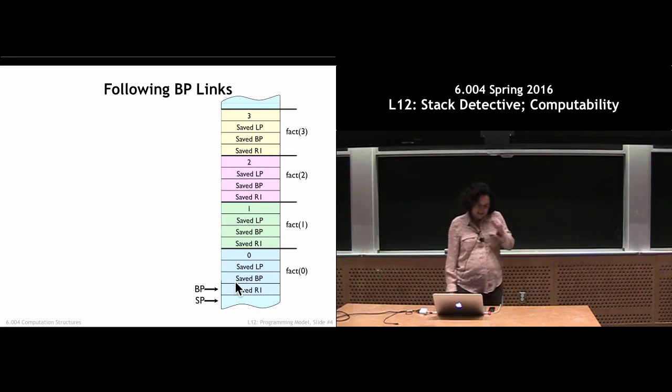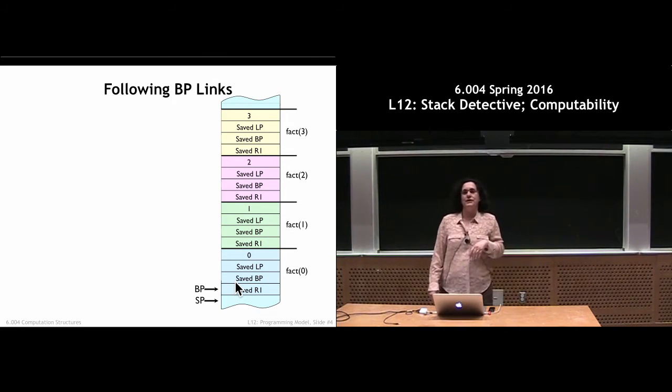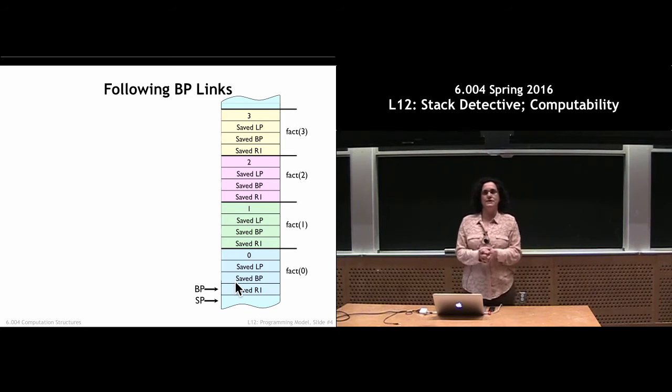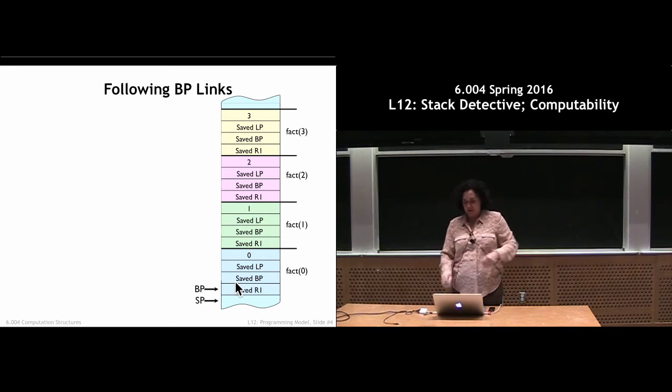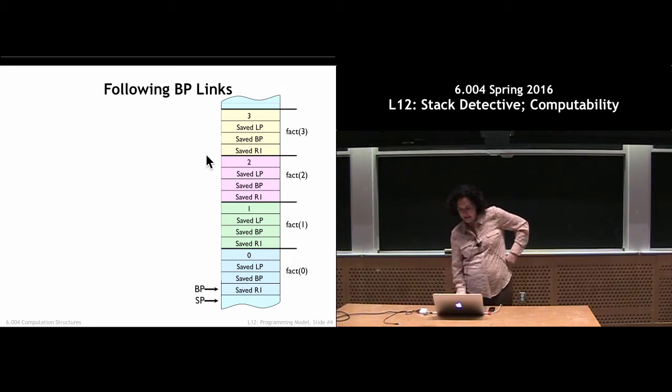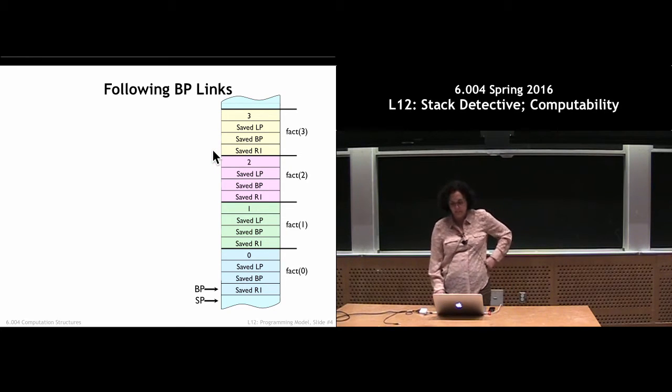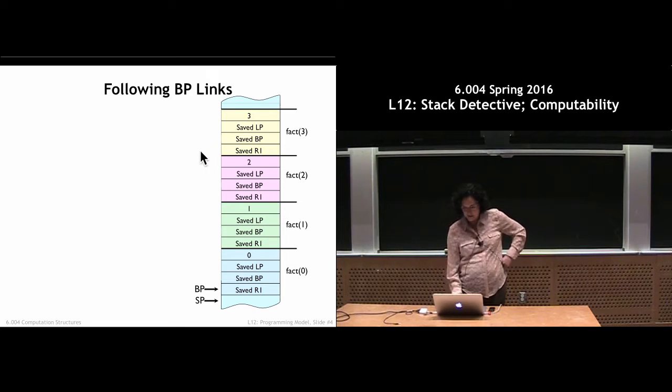Okay, so what kind of information do we have on our stack? The first thing to recognize in our stack is the BP links, okay? Your base pointer is always pointing to the location immediately following the saved BP. Initially when you start off, you have your base pointer pointing to this yellow saved R1 location.